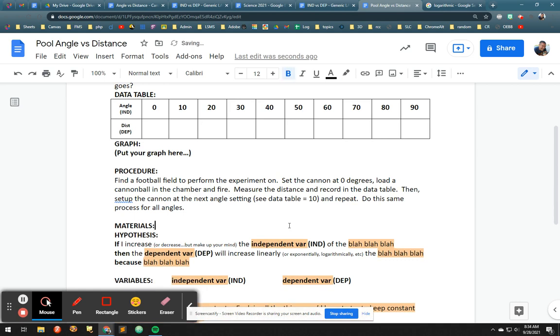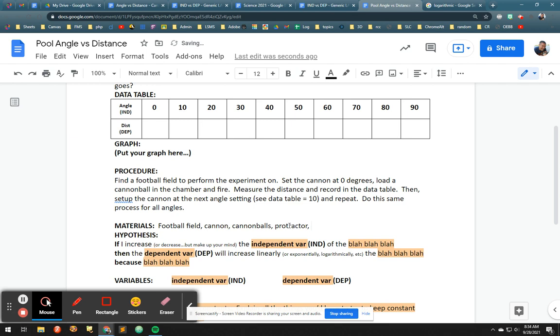Okay. So now that we've written our procedure, we know that we need a football field and all these other things. I'm going to take the bolding off. Control B will do that. Football field. Cannon. Cannon balls. Protractor. That's to measure angles. Tape measure.